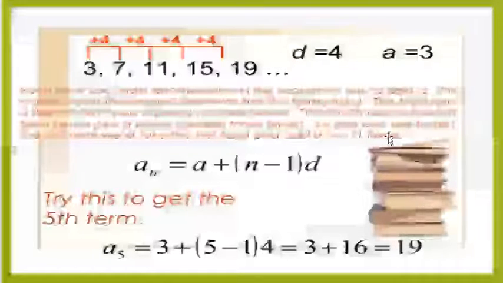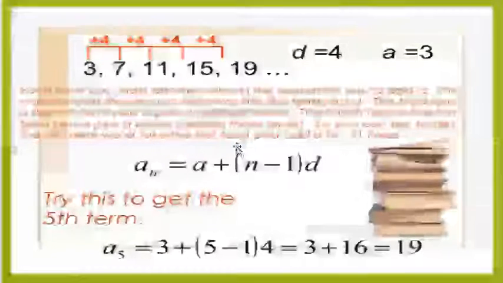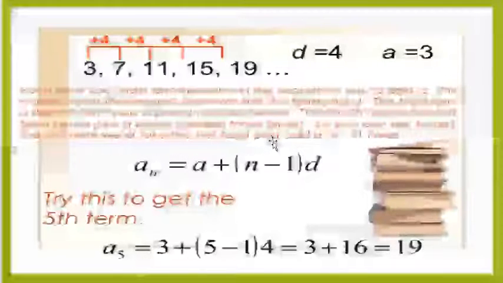The fourth term is the first term plus d plus d plus d, added 3 times. In this way, you can see that to get the nth term we take the first term and add d, (n minus 1) times.